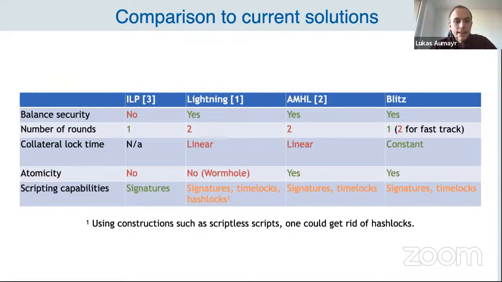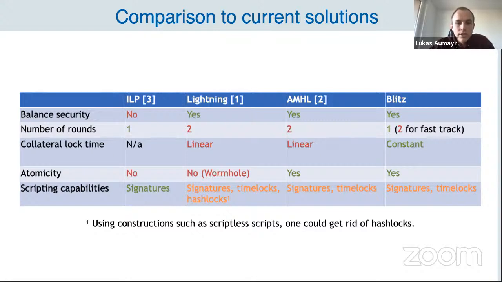So also we have the Lightning network, which does achieve balance security, but again, the Lightning payments require 2 rounds of communication, require collateral lock time that is linear, and it is also susceptible to this wormhole attack that I briefly mentioned. The next thing is this AMHL, or the anonymous multi-hop locks, which unfortunately I can't really go over in detail, but this is an improvement on the Lightning that makes them secure against the wormhole attack, more or less.